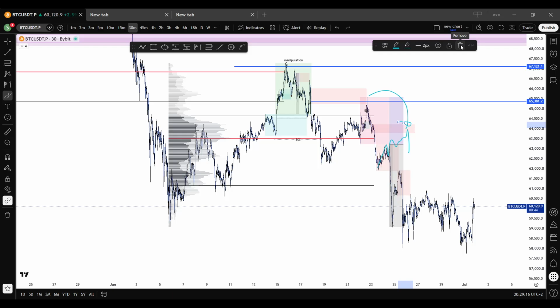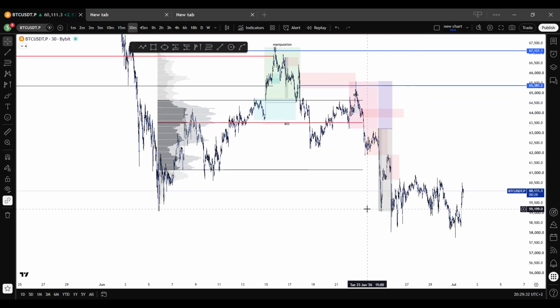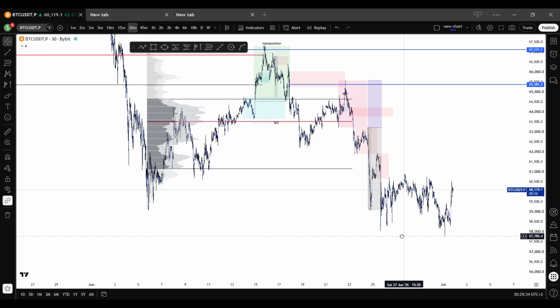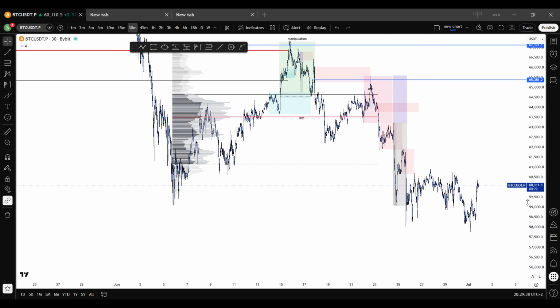Also, from a statistical perspective, the weekly high was already in. It was put in on Monday, and everything was pointing lower. As you guys can see, we instantly dumped lower, and that's basically the end of the story.